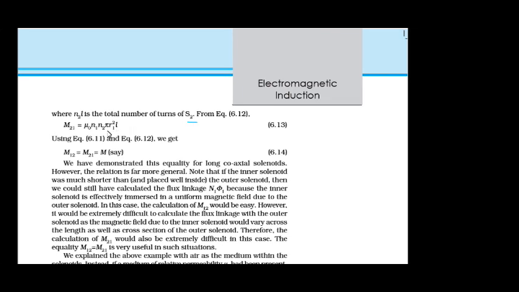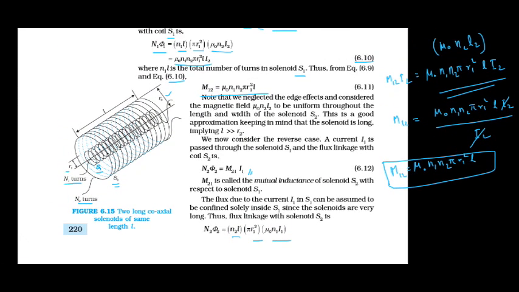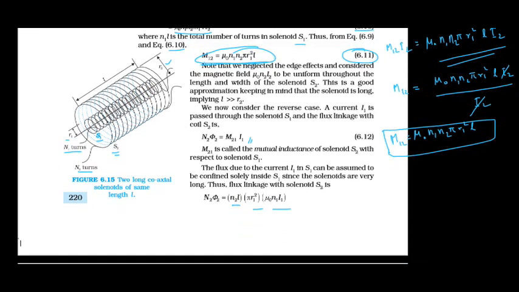From equation 6.12, we can write M21 is equal to mu naught N1 N2 pi R1 square L. From equations 6.11 and 6.12, we get M12 is equal to M21, that is M.